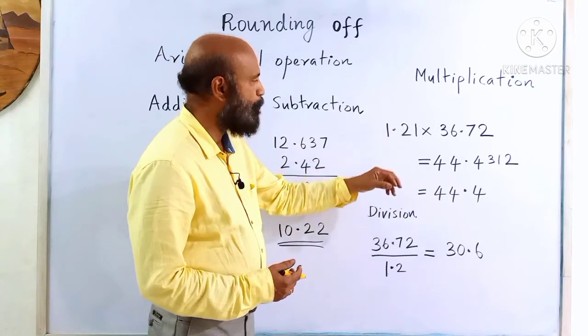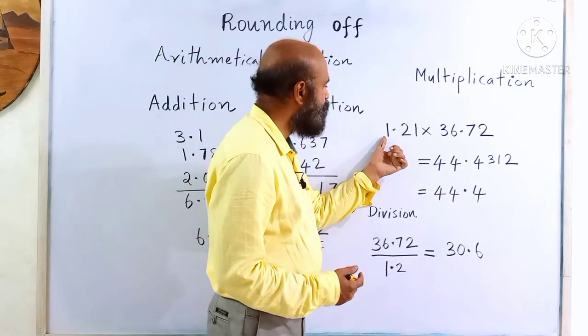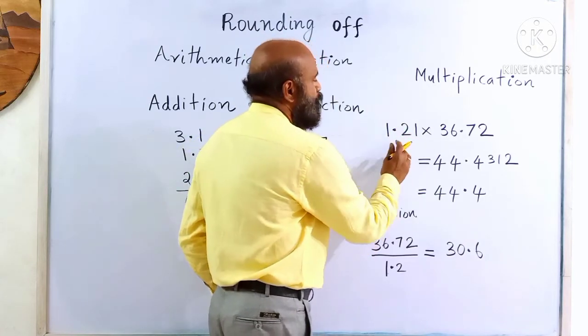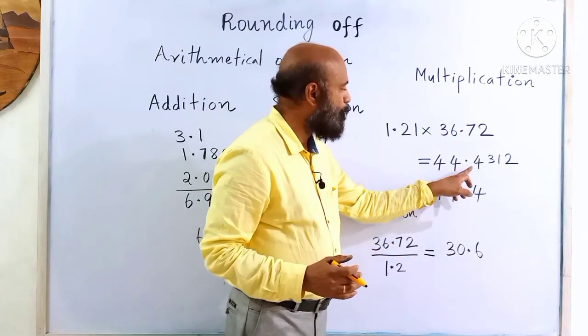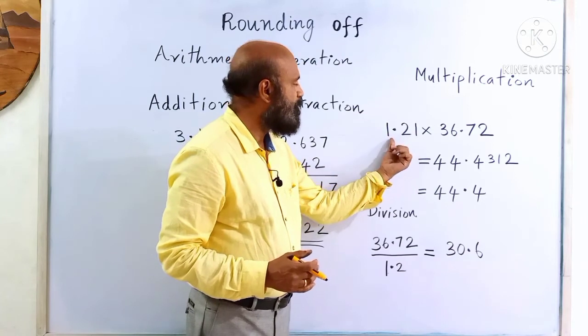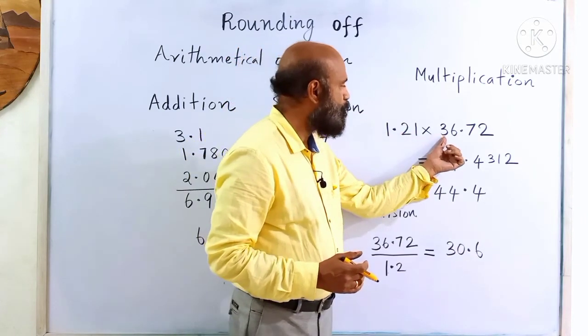But in the case of multiplication and division, the rule is different. Not after the decimal point. You have to see the number of significant digits in the given data. So when you multiply these two numbers, you'll get 44.4312. Here 3 significant digits are there: 1, 2, 3. Here 4.